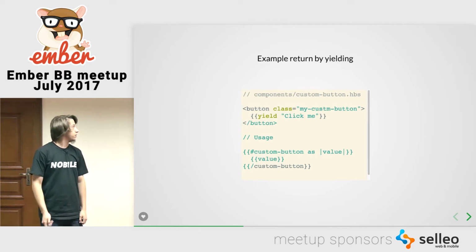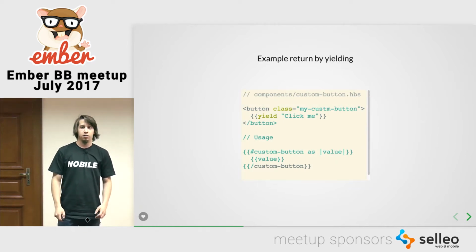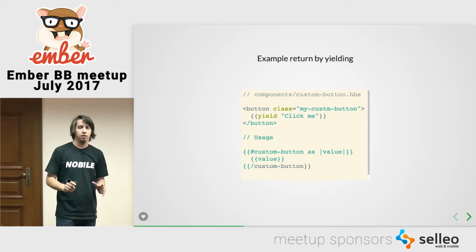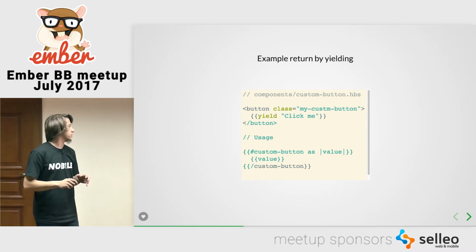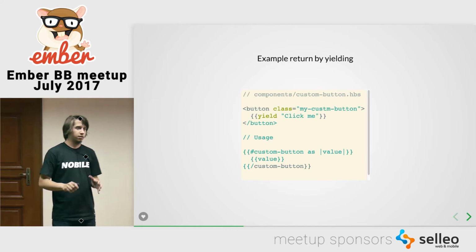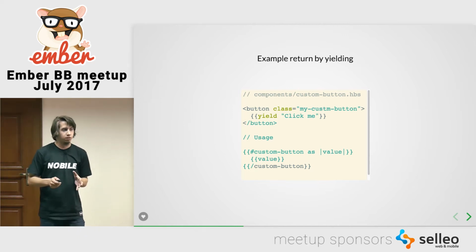This is an example of using yield to return a value, but this method has some restrictions. We can see that the value returned by this yield lives only in this block. So it's scoped, but it returns.